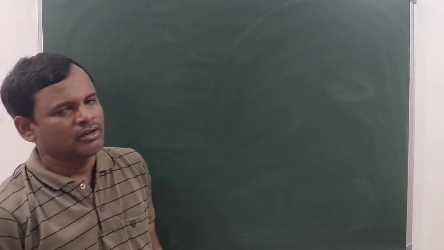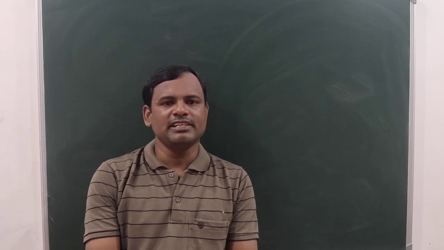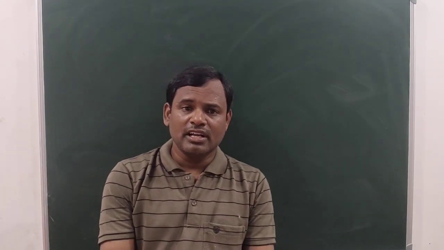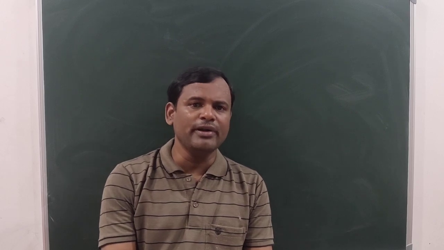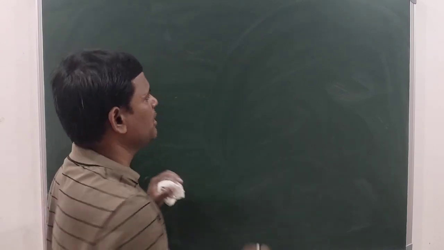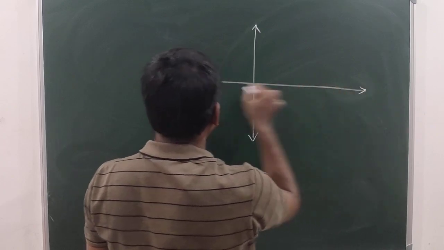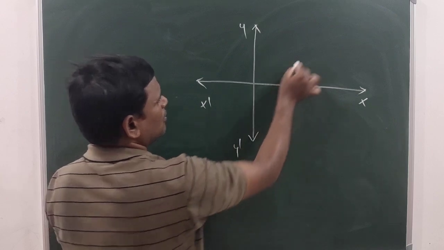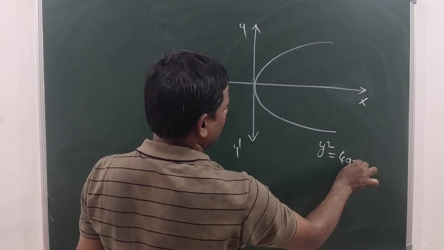Okay, in the beginning of this parabola, we learned the meaning of focal distance. What is the meaning of focal distance? On the parabola, there are infinitely many points. If we measure the distance from focus to any one point on the parabola, then that is known as focal distance. You know the standard form of the parabola, y square equal to 4ax.